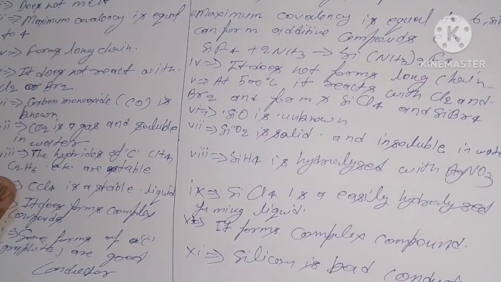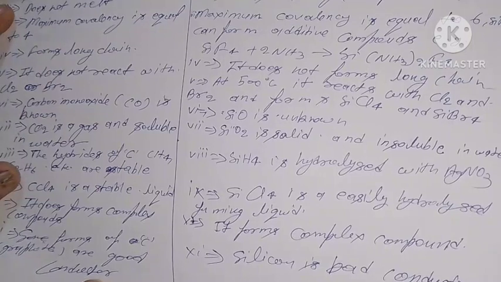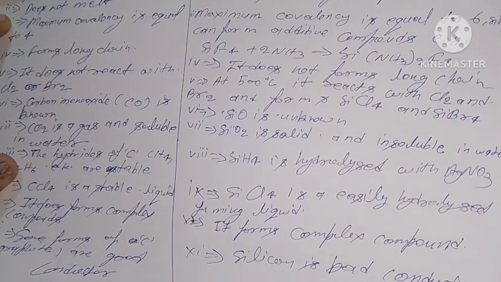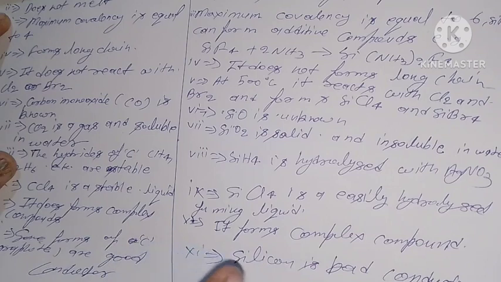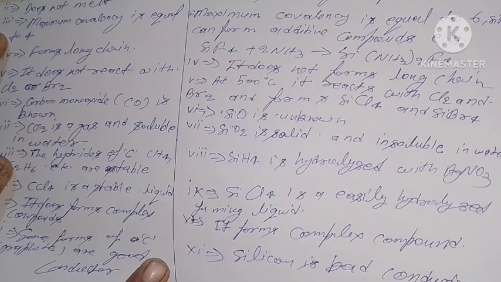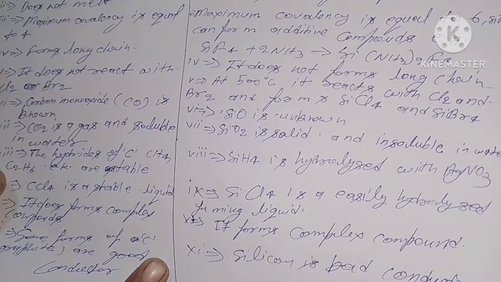Carbon is a black color solid. Silicon is a reddish brown color solid. Carbon does not melt and silicon melts at high temperature. The maximum covalency of carbon is 4 and of silicon is 6. SiF4 can form additive compounds: SiF4 plus 2NH3 gives [Si(NH3)2]F4.